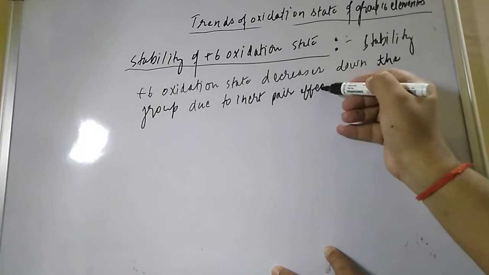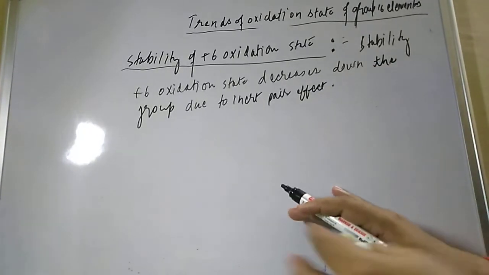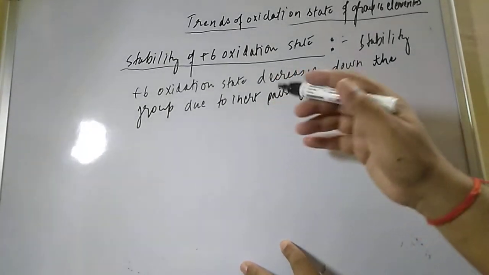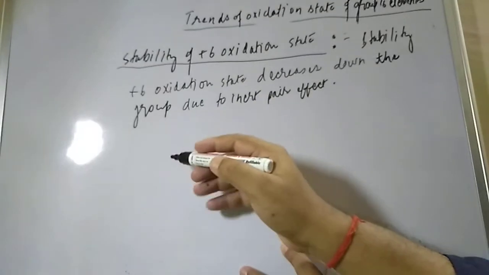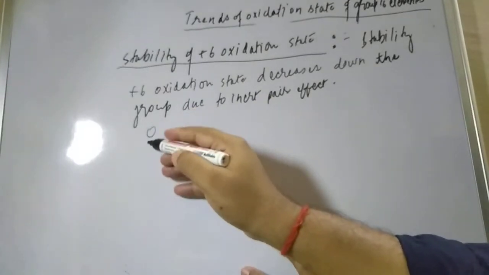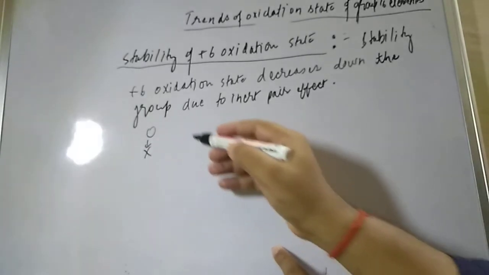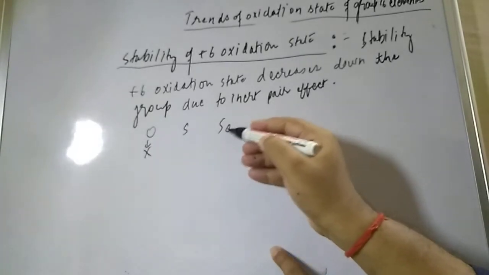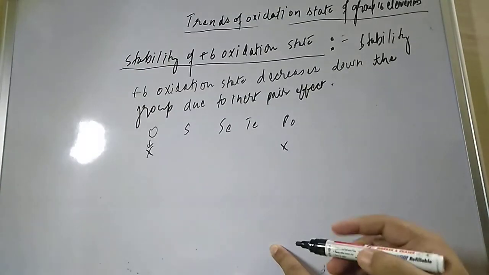Now we have to understand why this is happening. Oxygen cannot remove all the 6 electrons, so oxygen will not represent plus 6. So sulfur, selenium, tellurium and polonium also will not represent plus 6.